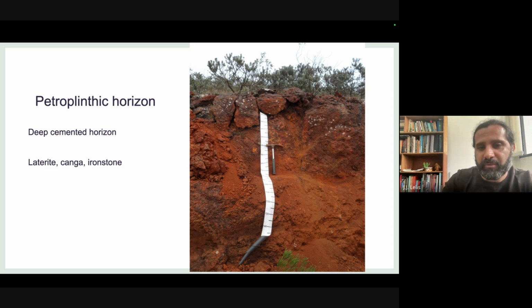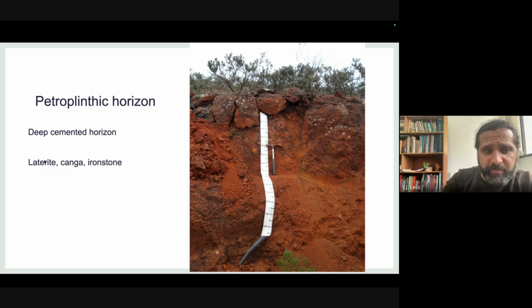Okay, they register this reddish color because of the iron, and the roots can hardly penetrate through it because, as I said, it's quite cemented by iron, and it gives this horizon a very high bulk density, but also a cohesive behavior. So it's quite hard for water to penetrate through it.